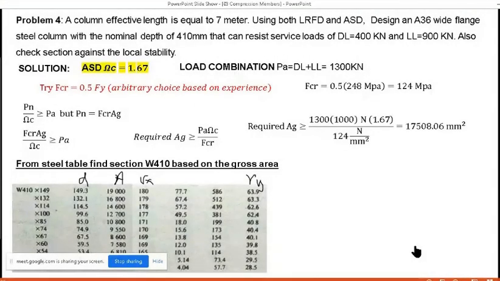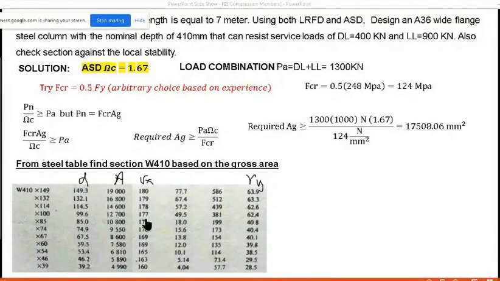Okay, eto. Parehas pa rin actually yung process. Dito, balik tayo dito sa steel table. We need to check another section. Dito sa ating steel table, kunwari, mas may mataas pa dito sa 410 by 149 na mas mataas pa yung area.